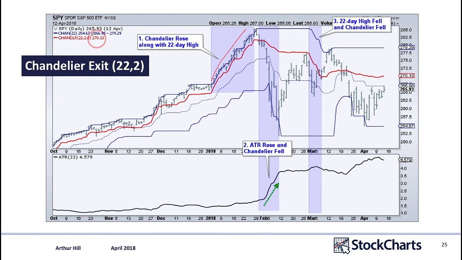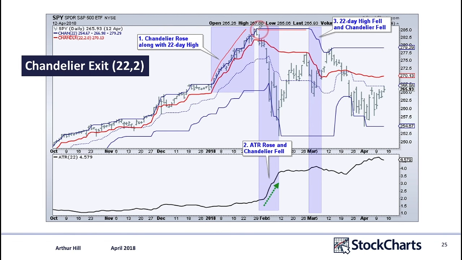You can see the settings are channel 22 up there on the upper left. So there's the high, and the 22-day high stayed flat here. So as the 22-day high rose in January, the Chandelier Exit rose, and that makes sense.